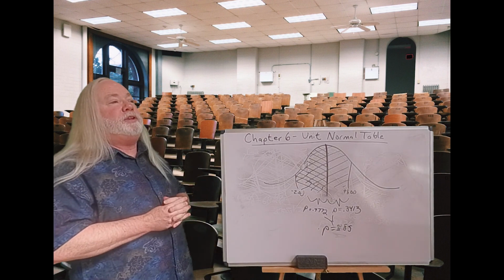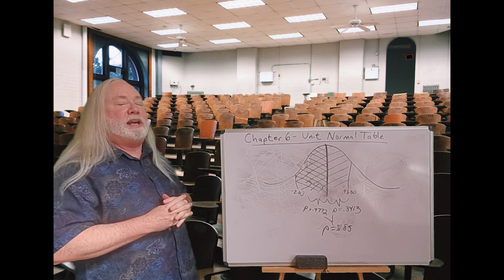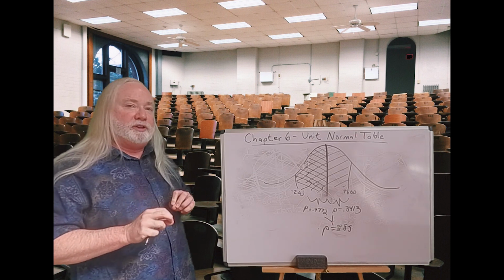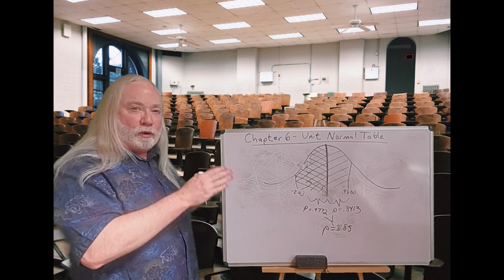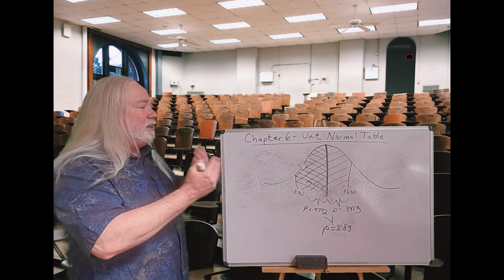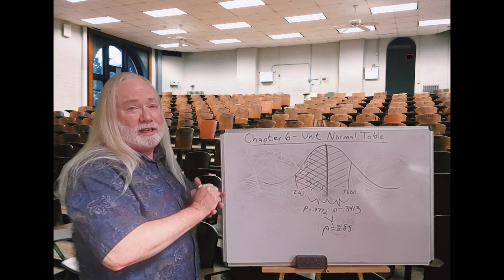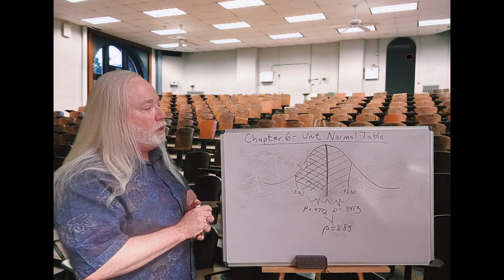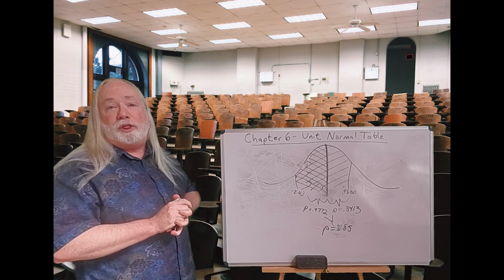There's really nothing too conceptually advanced about any of this. It's really about paying attention to those details. Really looking at what the question is asking, where am I looking for a z or am I looking for a proportion or percent, and am I on the left side or the right side? Because again, the book can't tell you. The tables can't tell you that. Only the problem can. So practice, practice, practice with those.